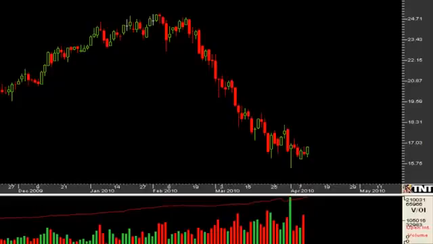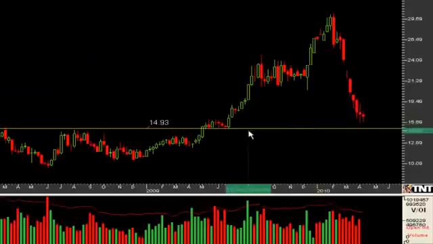Before we get too far along, let's flip over to the weekly and see where the market has been and where it's going. So you can see that sugar a few months ago made a huge spike, topped out, and then abruptly fell off, and we are back down here at a rather significant level of support.